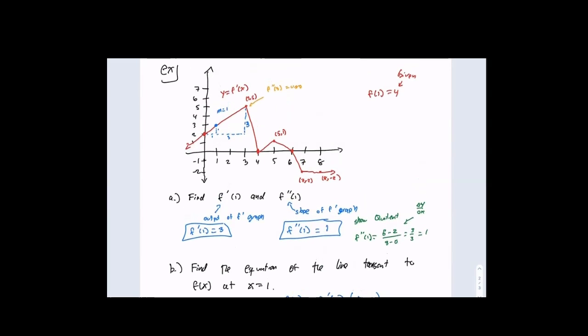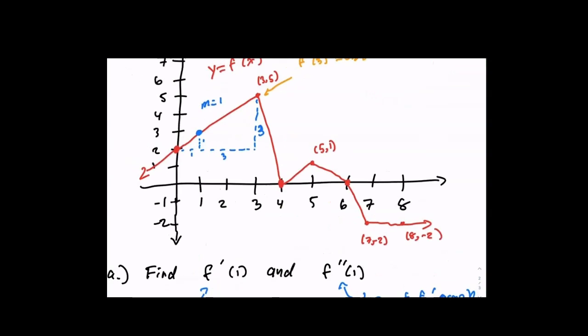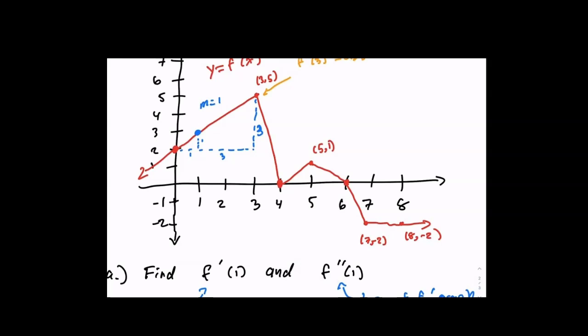When is f prime increasing? Because that's when the function is concave up. Let me put it in easier terms. When is this graph increasing? Is the first interval from 0 to 3?